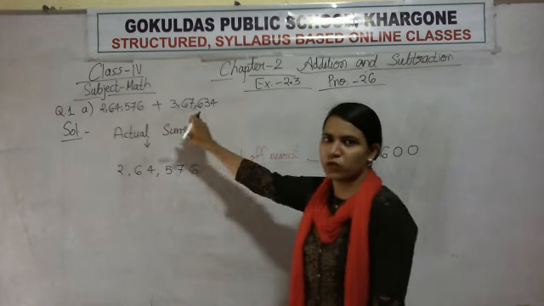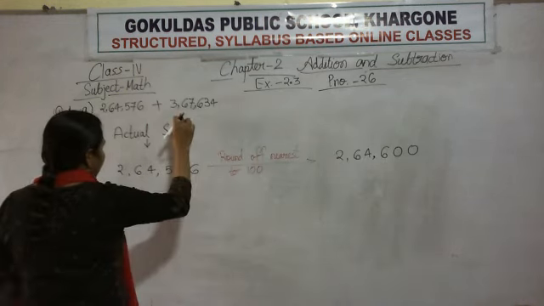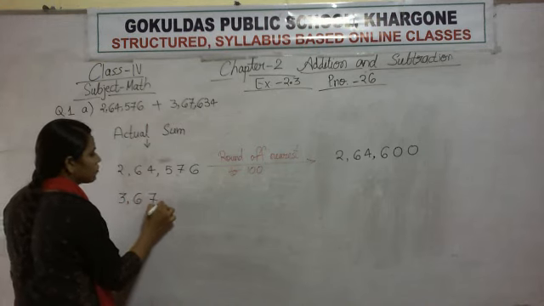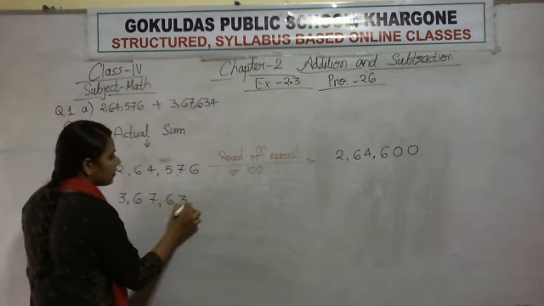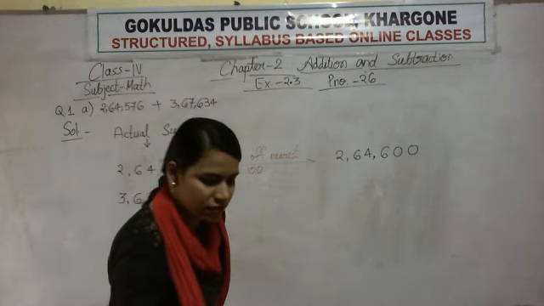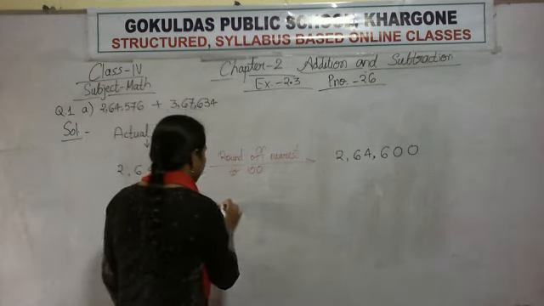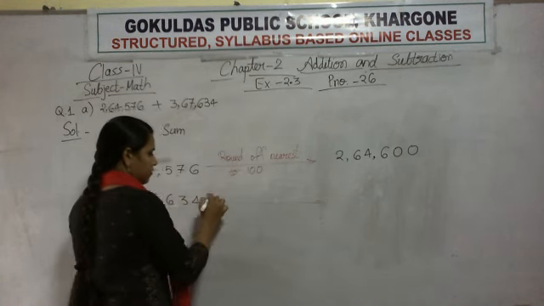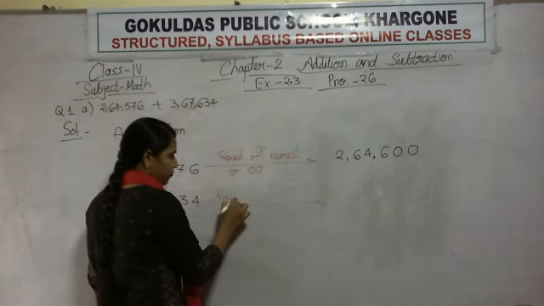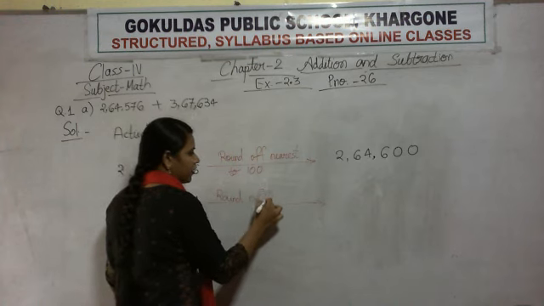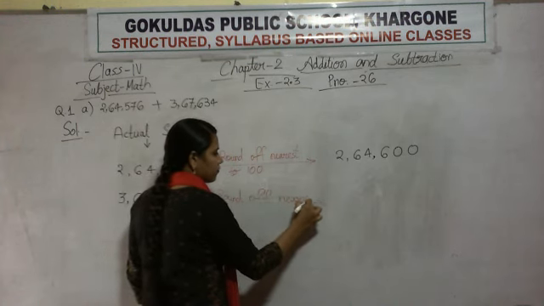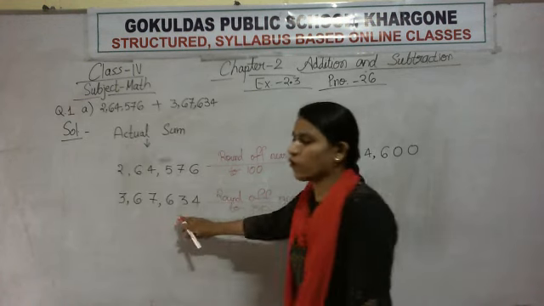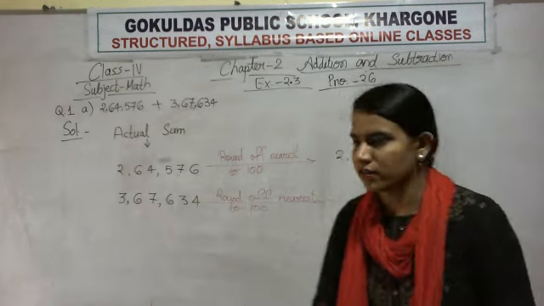Okay. Now move to the next addend. Your next addend is 3,67,634. Now round off this number to the nearest 100. Remember, do not use red pen in your copy. Make a straight arrow, round off nearest to 100.